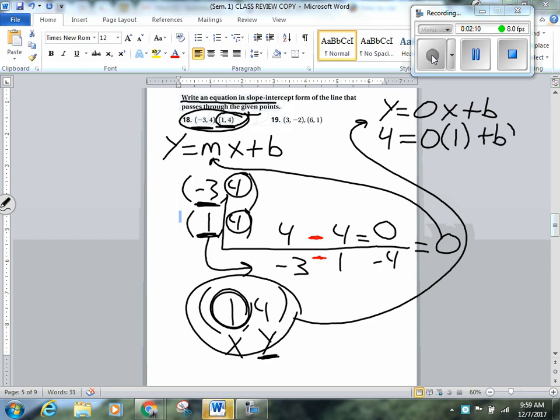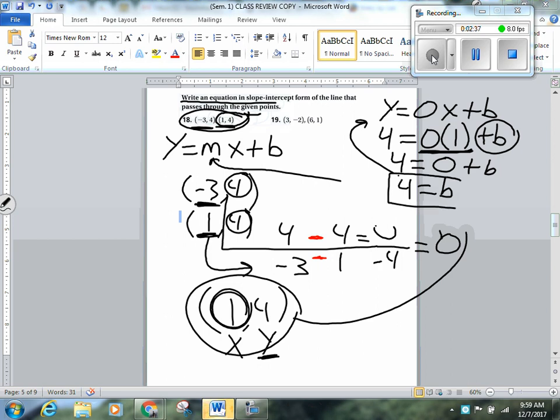Now I need to get b by itself and find out what that equals. I go ahead and solve the equation. 4 equals. A number next to parentheses means multiply, so that equals 0 plus b. Four equals 0 plus b is b. So b equals 4. What do I do with that answer? I plug it in for b up there.